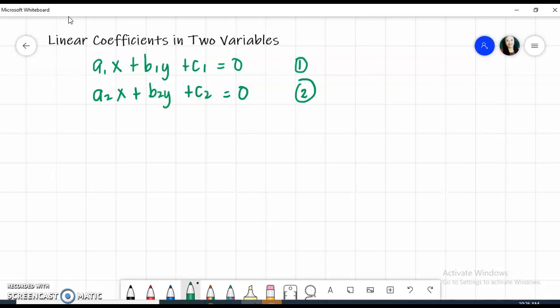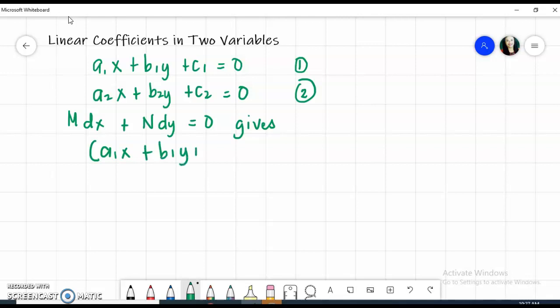Substituting the left-hand member of equation 1 for M and that of equation 2 for N in the differential equation M dx plus N dy equal to 0, we have (a1x plus b1y plus c1) dx plus (a2x plus b2y plus c2) dy is equal to 0.